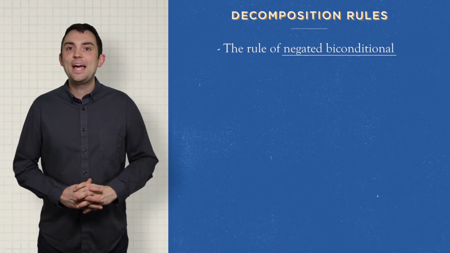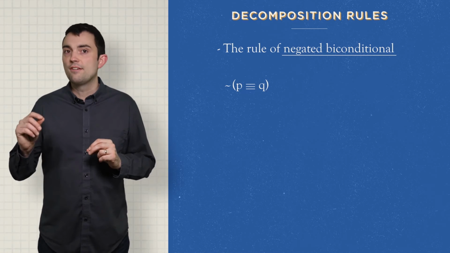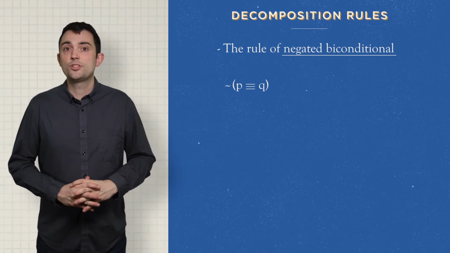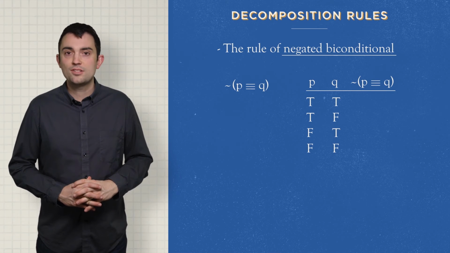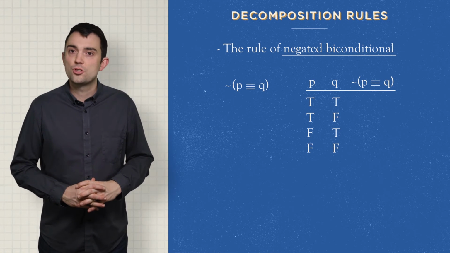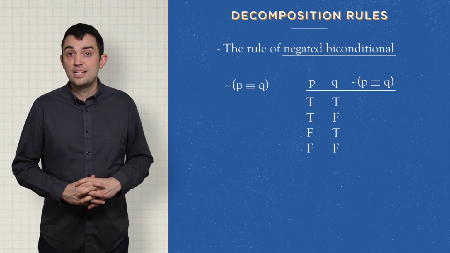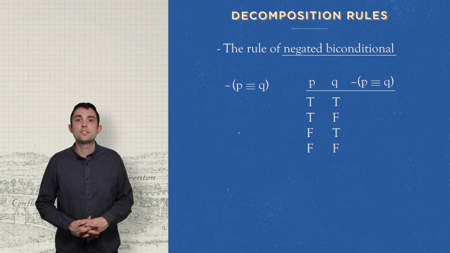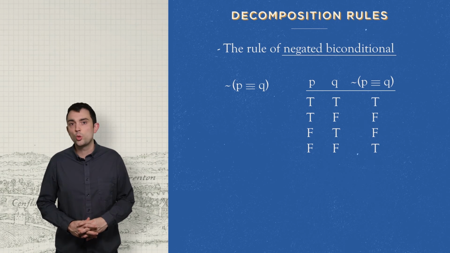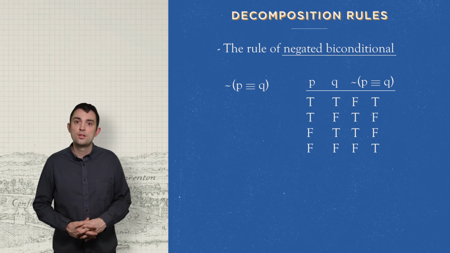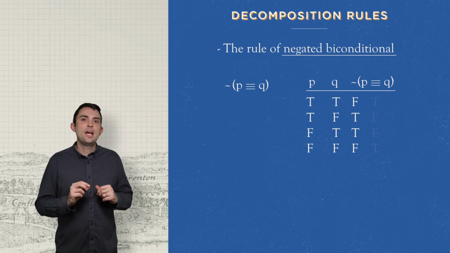Finally, the negated biconditional, not P if and only if Q. How does that one decompose? Again, we look at what the truth value of the component parts has to be for the whole proposition to be true. So let's look at the truth table for a negated biconditional. If the biconditional has a pattern of true, false, false, true, then the negated biconditional is false, true, true, false. So when is the negated biconditional true?